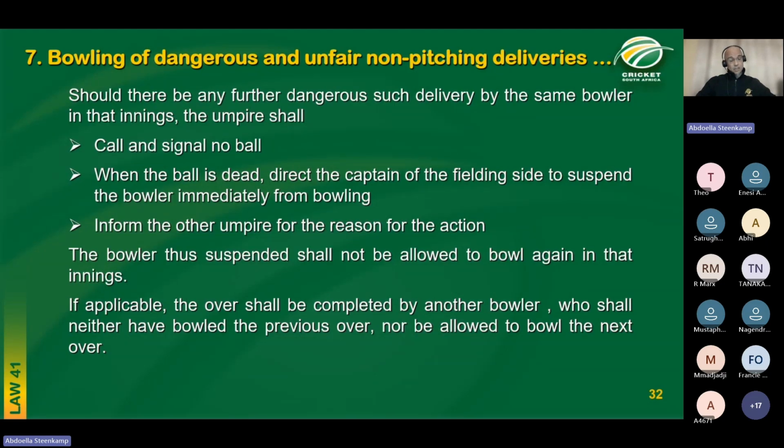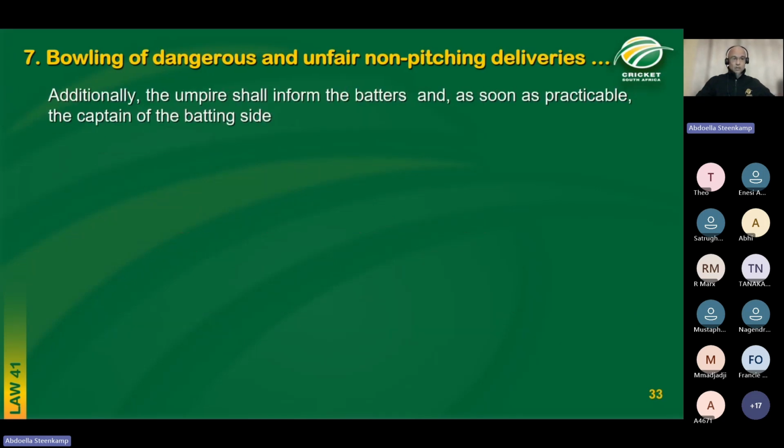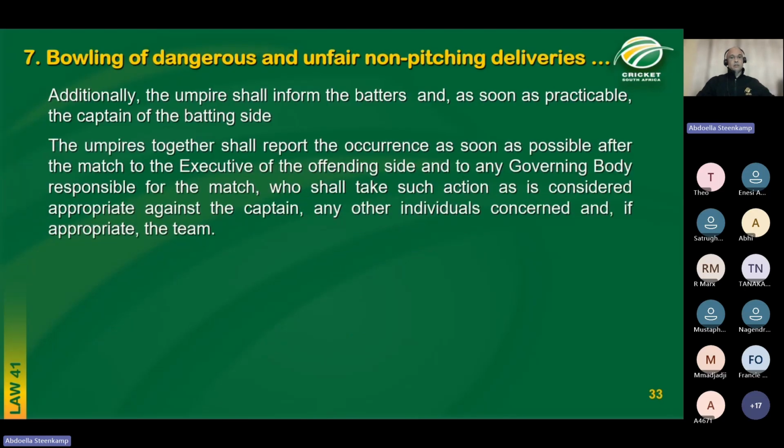So the Laws tell us the over needs to be completed by another bowler, who should not have bowled the previous over, nor is allowed to bowl the next over. And again, you'll inform everyone of what happened and what you did, and the law wants us to report this to the executive of the fielding side, as well as the governing body responsible for this particular match.